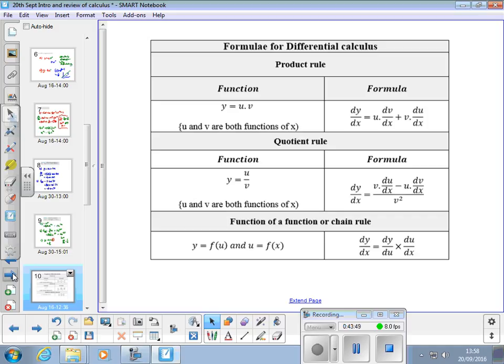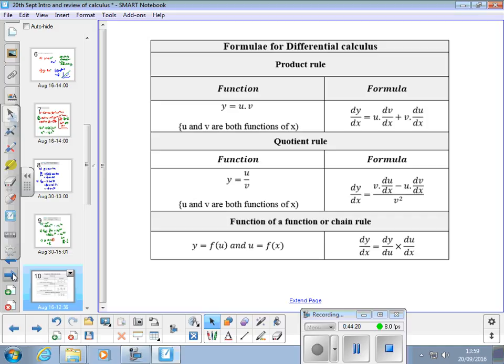A quotient rule, where a function u is divided by another function v. And lastly, where we have two functions and one function is a function of another. So that would be something like x squared in brackets, and then the whole x plus 1 squared in brackets, for instance, and then the whole thing raised to the power of 6, the whole bracketed term, would be an example of a function of a function.